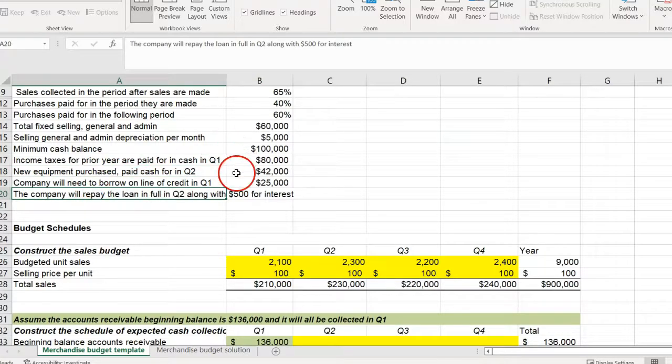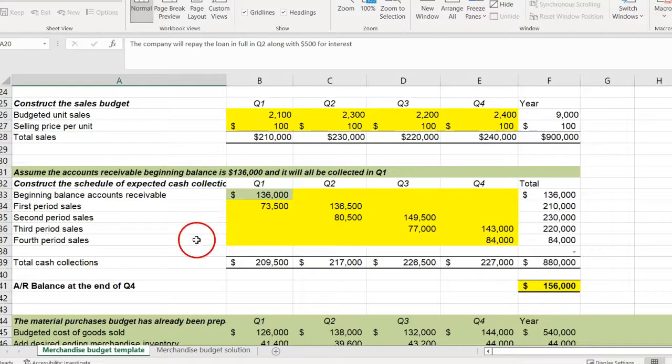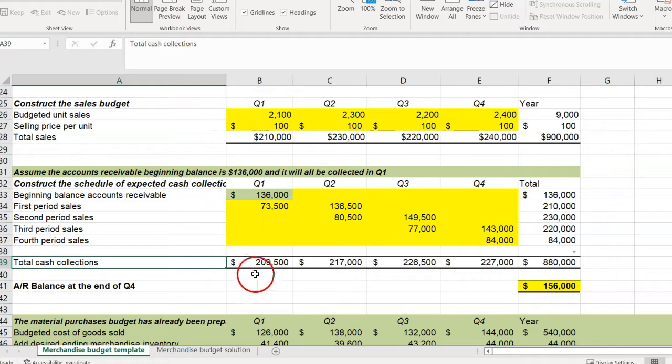There isn't anything up here about additional cash funds coming in. So in that case, we can assume that the only cash we have coming in is from our cash collection schedule. So these are our customers that are paying us for our sales. So we've got our cash collection figure down here. Remember that we're wanting to see what we've got coming in for cash and not necessarily what's on the income statement, because we're not going to get paid in the same period that we make these sales necessarily.